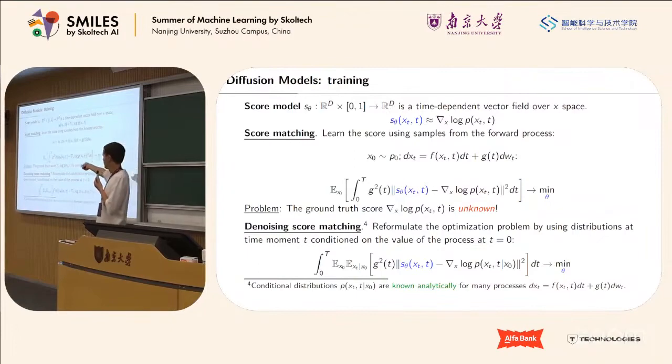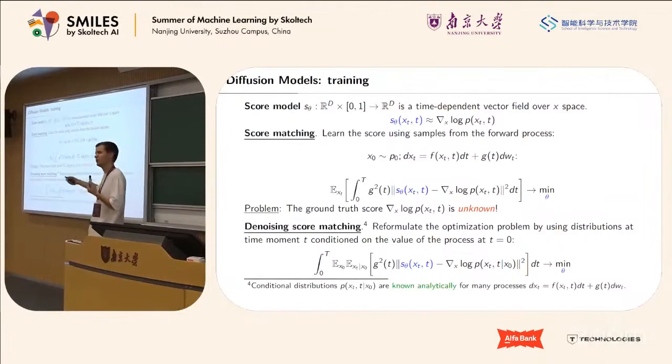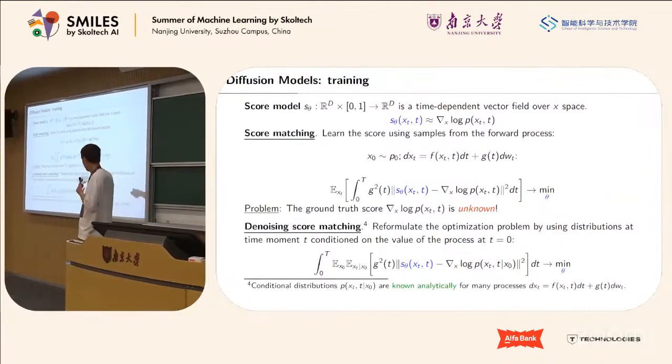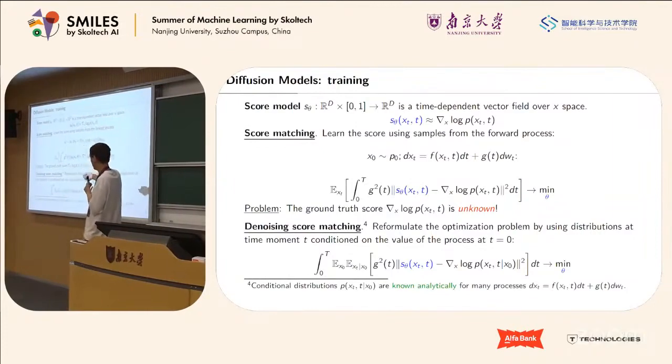Well, a natural approach is: we want to get some unknown value, so what can we do? We can do regression on this value, just direct regression. This may look a little bit complex because we do some integration over time, but this is very natural because we need to reconstruct at different times. And we take expectation with respect to our process to cover the entire space.